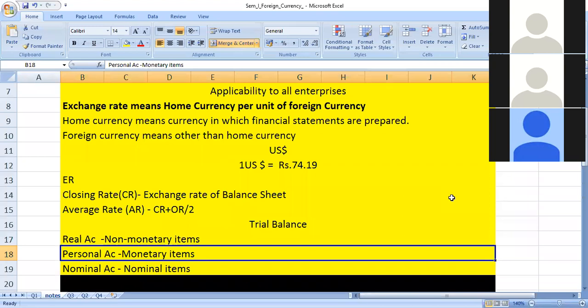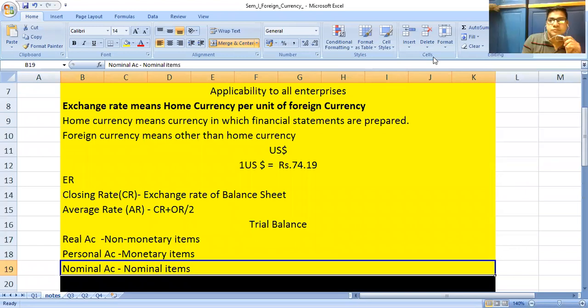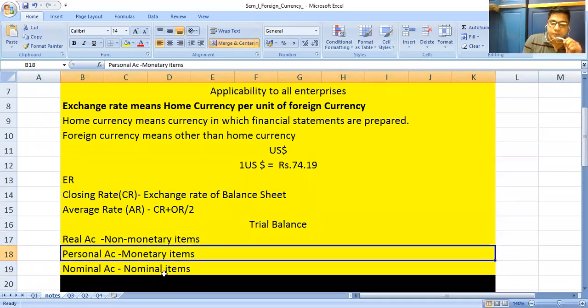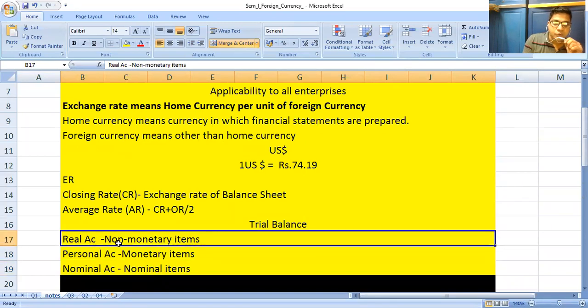Now, while preparing the trial balance and considering this particular rule, we have to pass journal entries using the real account rule, nominal account rule, and personal account rule. In the real account, non-monetary items are recorded. Monetary means in terms of currency, in terms of rupees.